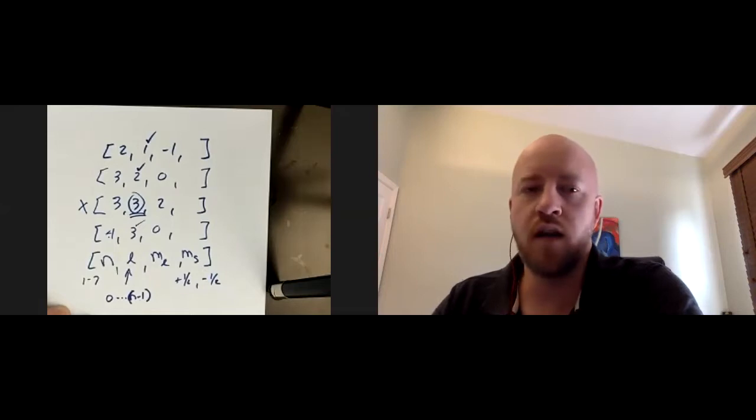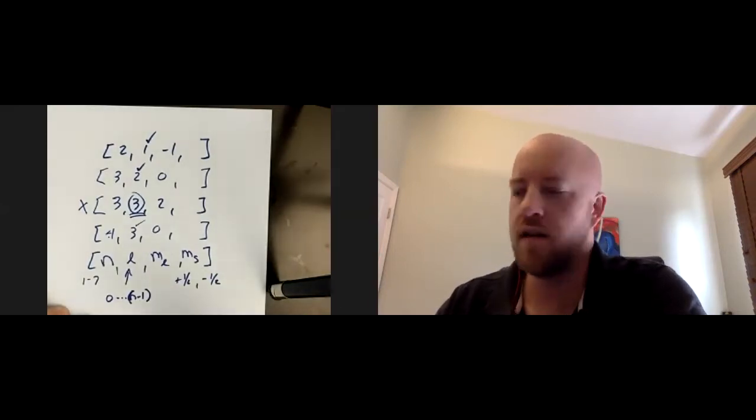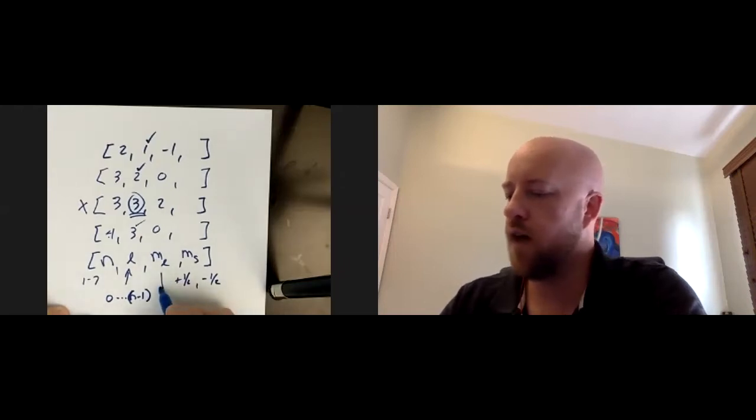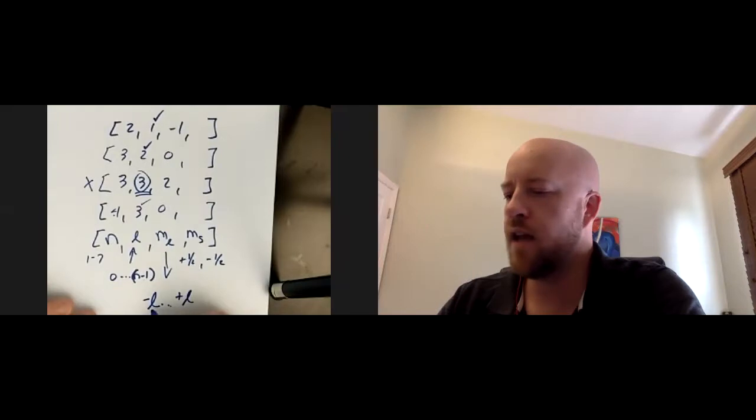As soon as one of them is not allowed, the whole thing is not allowed. So now it's just a matter of whether there is another one that's not allowed. The M sub L value ranges from negative L to positive L. So it just can't be greater than the L value.